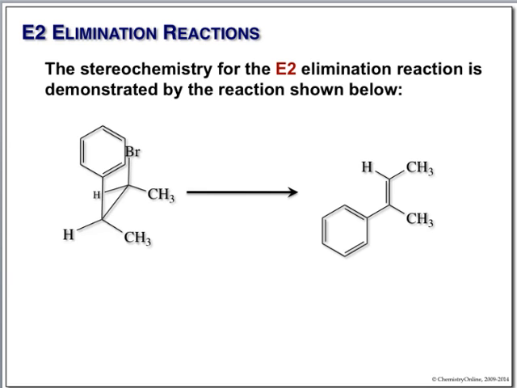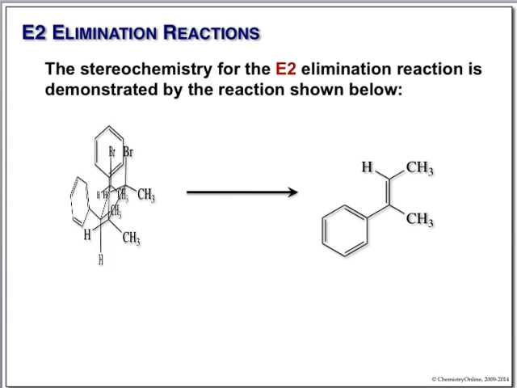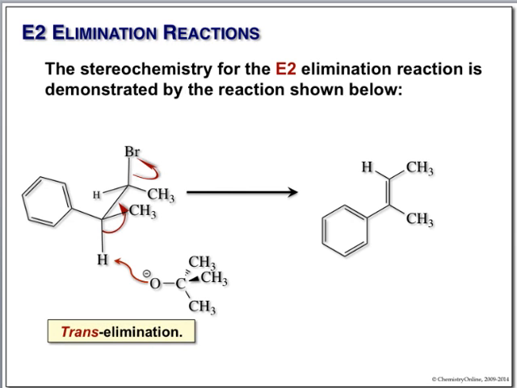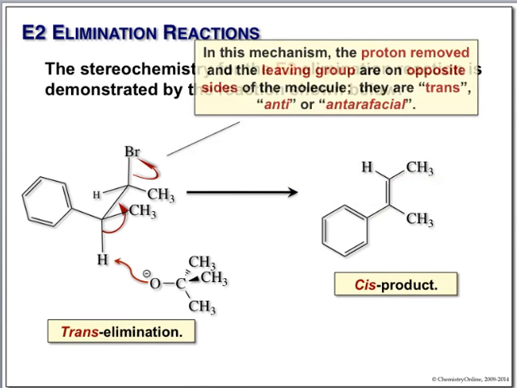I'm going to move this so the hydrogen is now down. That's going to put the phenyl group over here, methyl up, and it looks like that. If now methoxide comes in and removes this hydrogen, electrons will flow in, this will go up, and we would get this as our product.